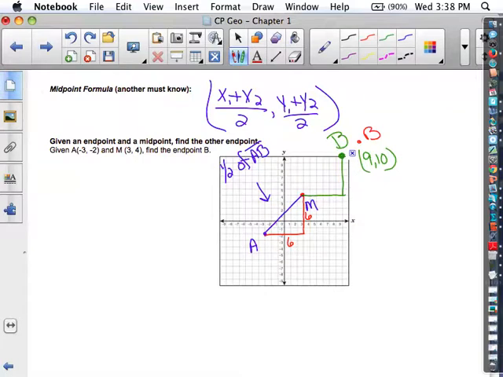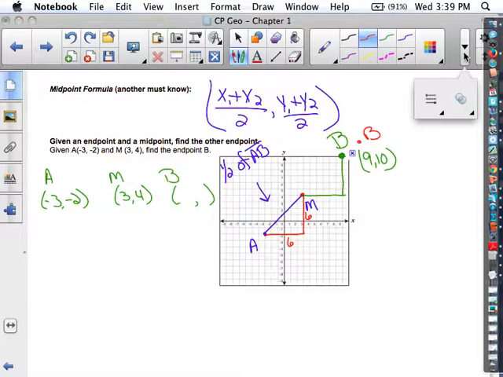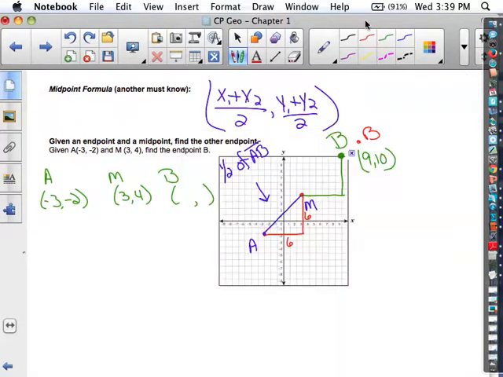I think an easier way, and a student asked me if this was okay a couple of years ago, and when I looked at it I thought, oh my, this is a much easier method. So let's just take a look at this method. What they said was, if I just look at how x changes from A to M, that increases by 6.